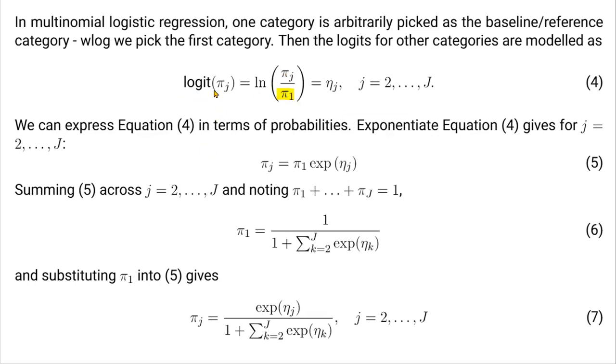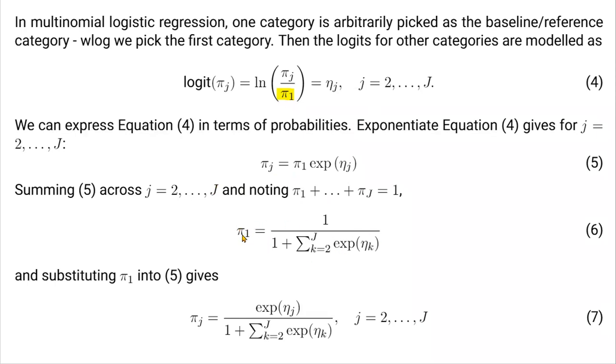You can express this guy in terms of probabilities. Let's just rearrange the thing, and you get this simple rearrangement. Now, if you sum this probability across the j's from 2 to capital J, and you know that all the probabilities add up to 1, which we said from the previous slide, then you get that the probability of being in the first category is this expression.